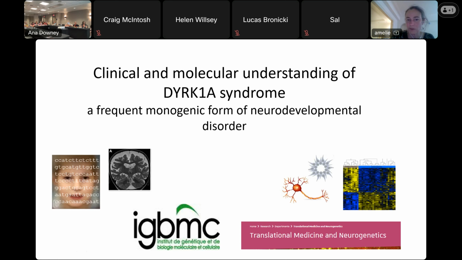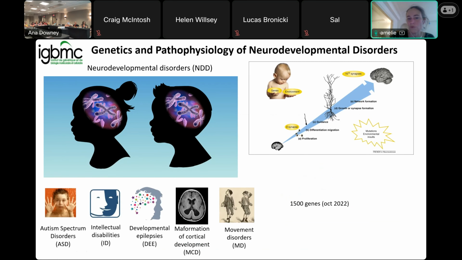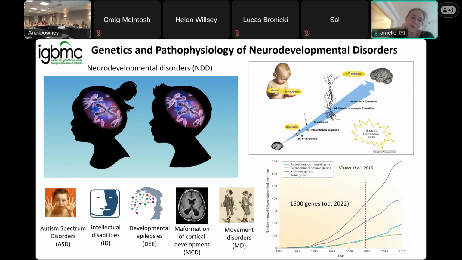In the team, we are working more on the genetics of neurodevelopmental disorders, but we are also trying to understand the pathophysiological mechanisms involved for some of the genes. You know that there are now more than 1,500 genes involved in neurodevelopmental disorders, so we cannot study all of them, but we are working particularly on DYRK1A because of the history.